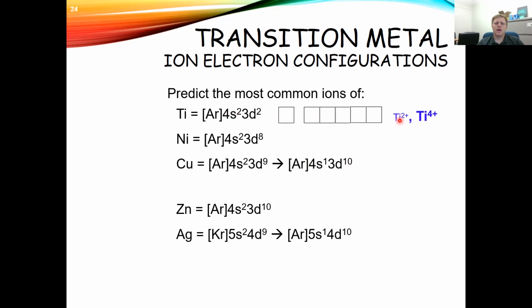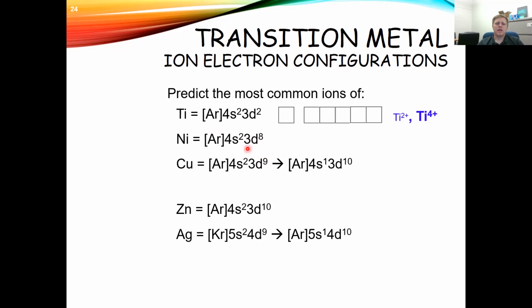So it can form either the titanium 2+ or the titanium 4+ ion. And it does those both readily. Now looking at that, you would not be able to predict that the titanium 4+ ion is more abundant. Titanium 4+ is more abundant, but again, you wouldn't be expected to know which of those two is more abundant.